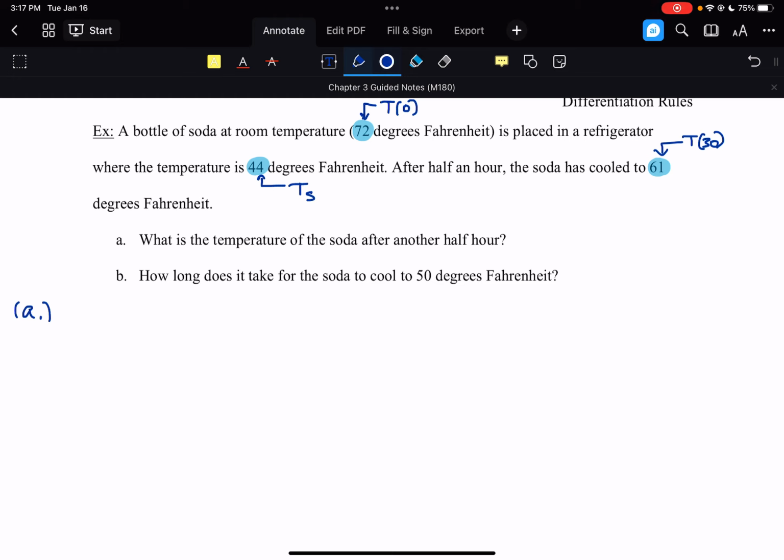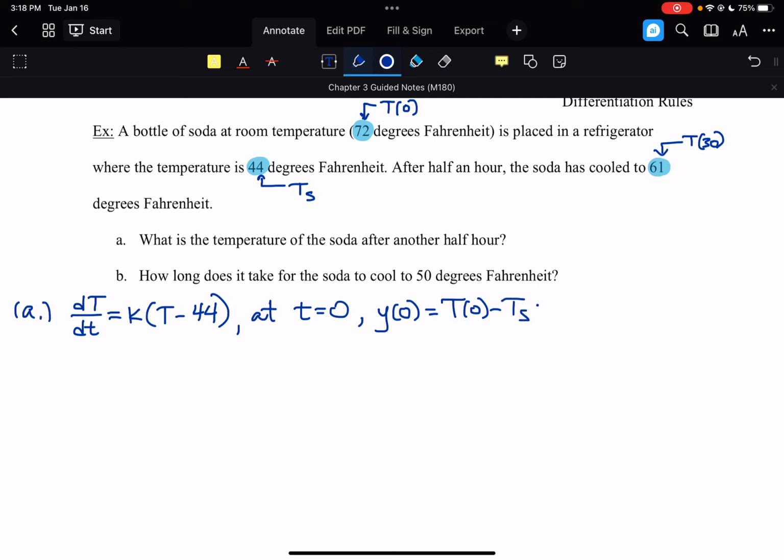Okay, so let's set this up here. So we have our proportional relationship. So dT equals k times the temperature minus surrounding temperature, which we said is 44, right? T sub s. If we take it at time 0, so our initial time, that initial difference in temperature, y of 0, so that's T of 0 minus T sub s.